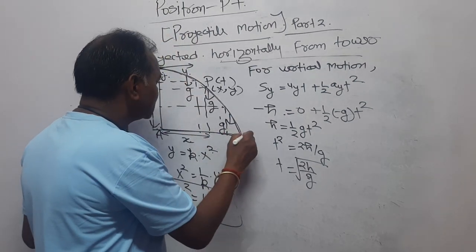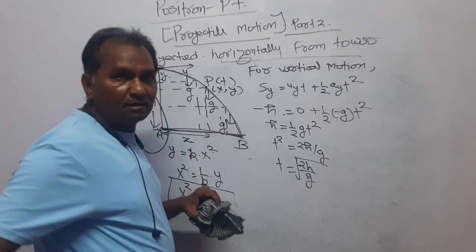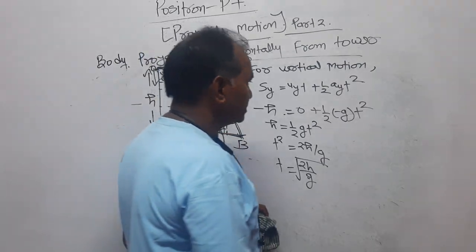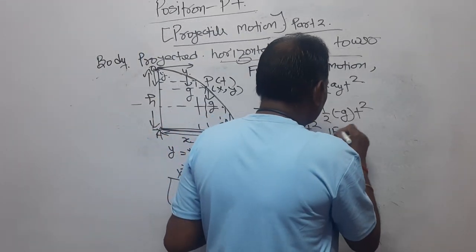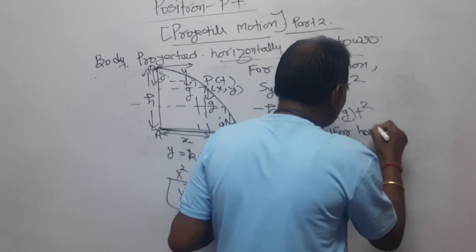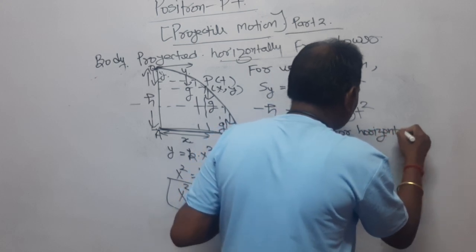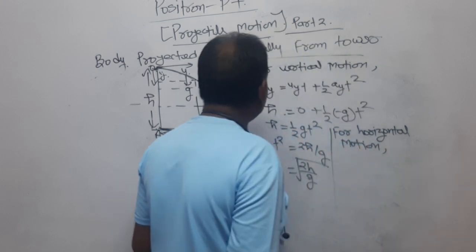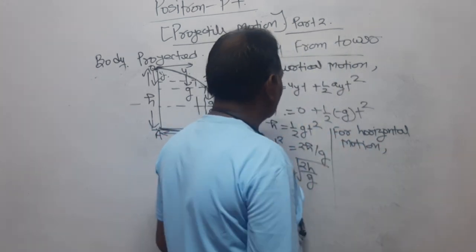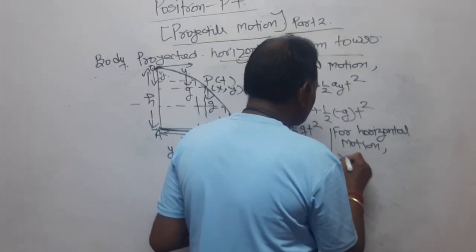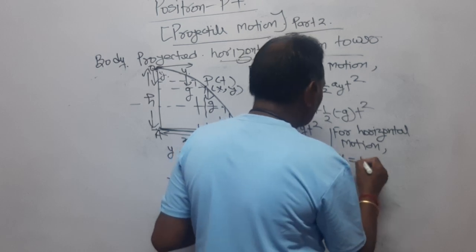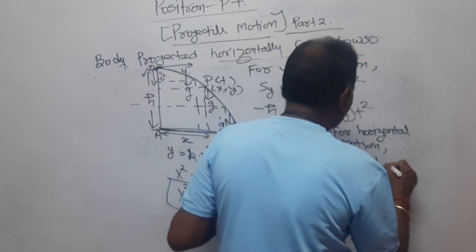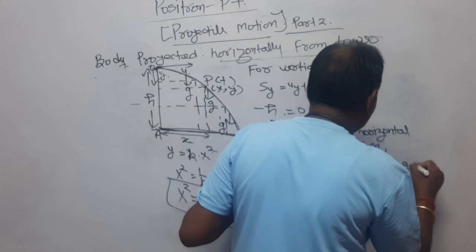Now this is the horizontal range, right? We have to find out the horizontal range. For horizontal motion, this equation will be, look here, Sx, that is x, equals ux into t plus half ax into t square.